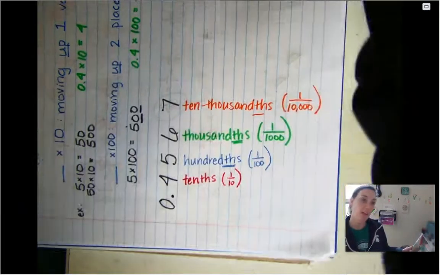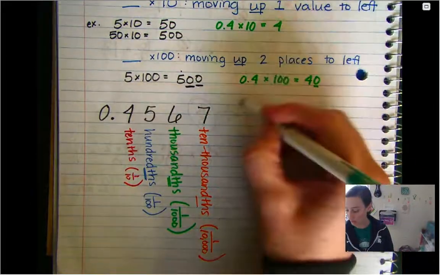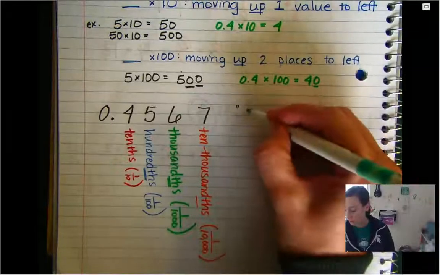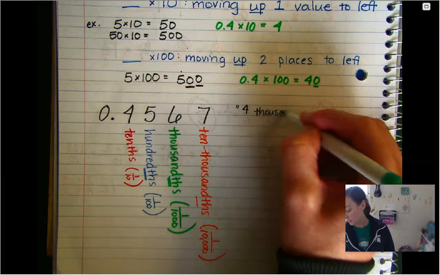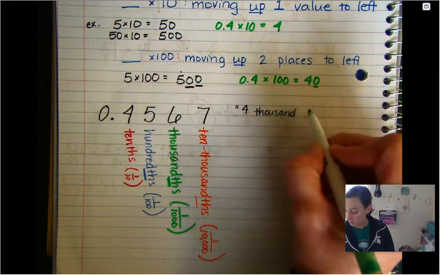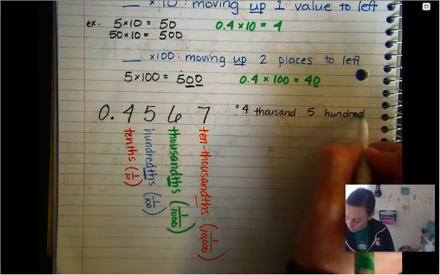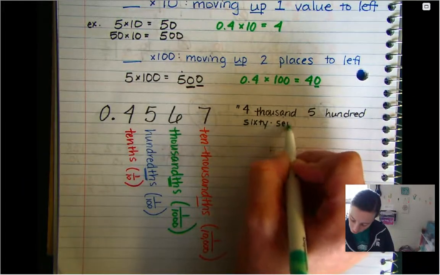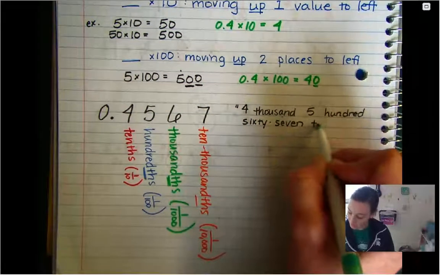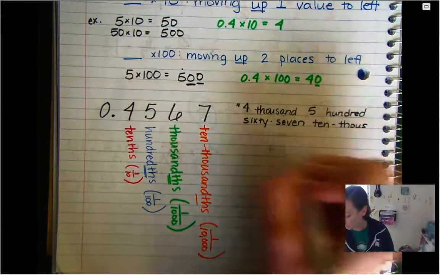So this number right here would be said out loud as 4,567 10,000ths.